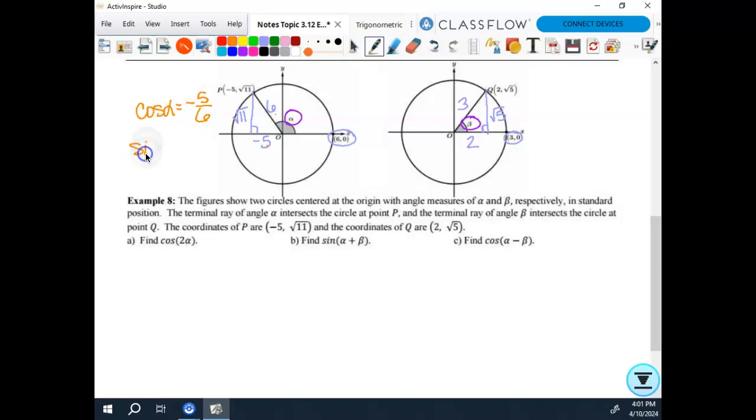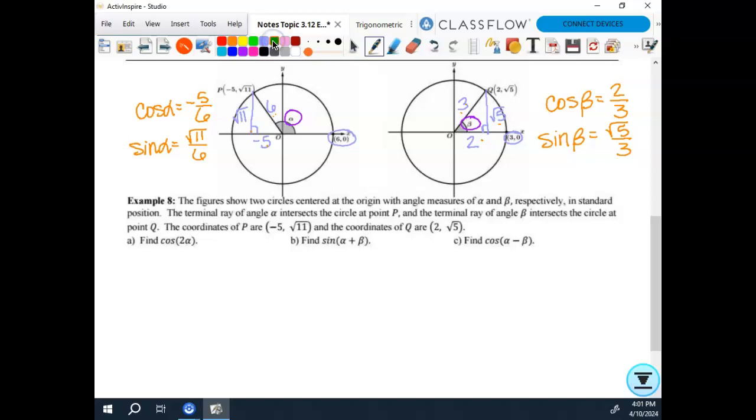And sine of alpha is y over r, square root of 11 over 6. Cosine of beta is x over r, that is 2/3. And sine of beta is y over r, that's the square root of 5 over 3.